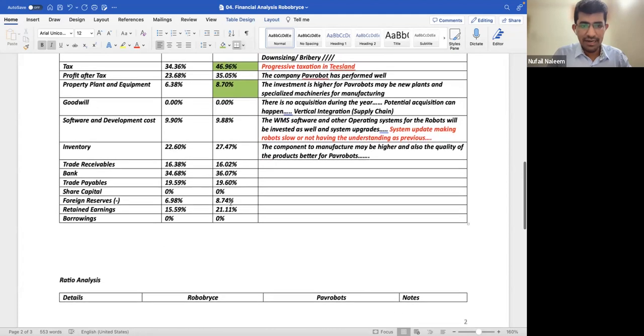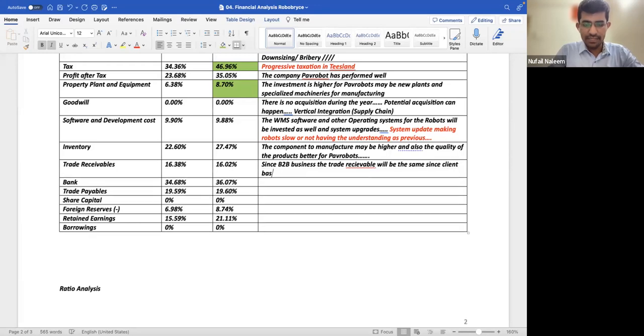Trade receivable, both are going at the same rate. I'll write down here, since B2B business, the trade receivable will be the same. Correct now, students, if I'm not mistaken. B2B same. Since client-based business, that means contracts are generally for a long term.